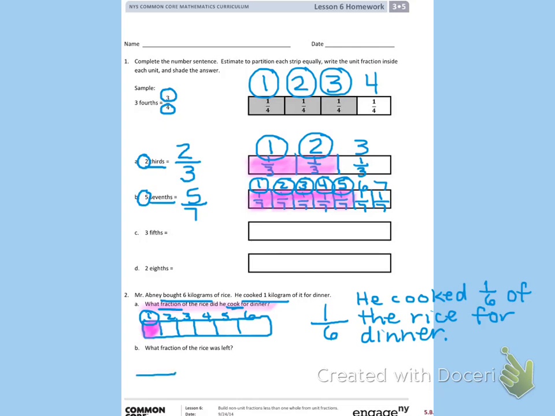There were 6 equal pieces in all. Now, the question though says, what fraction of the rice was left? This time, for the top number, you'll put the number of pieces that were not shaded or not cooked. And you'll write that right here.